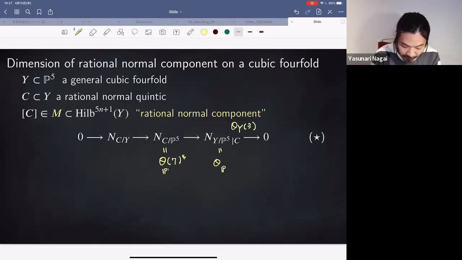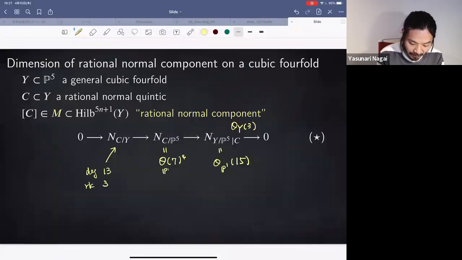So if it is restricted to the quintic curve, this gets 5, I think. No, 15. Yes, 5 times 3 is 15. So this thing is degree 13 and rank 3, and this splits into line bundles.